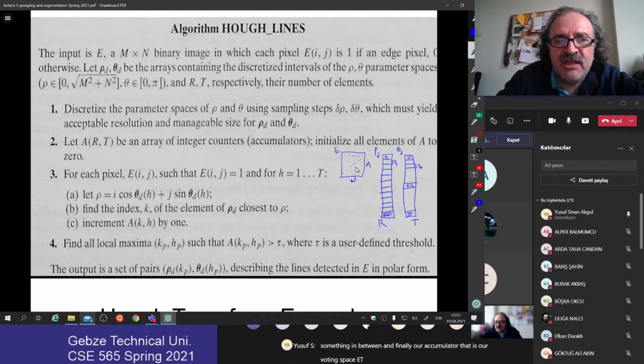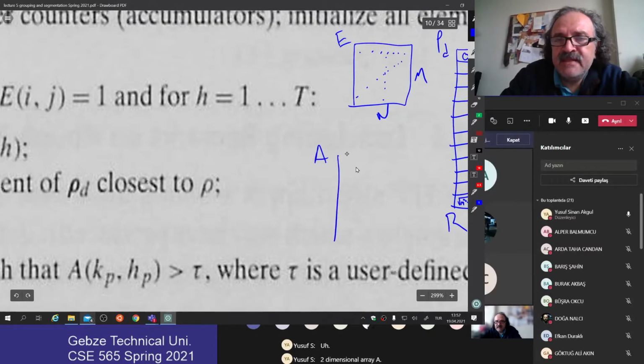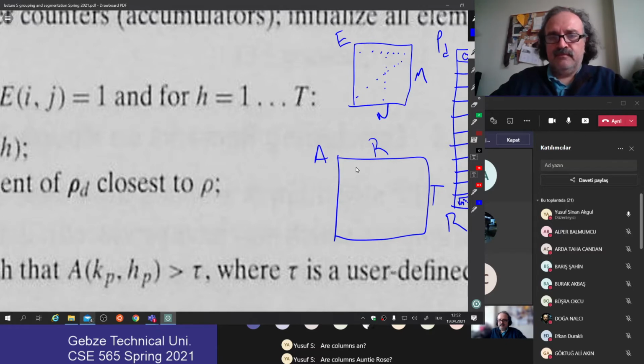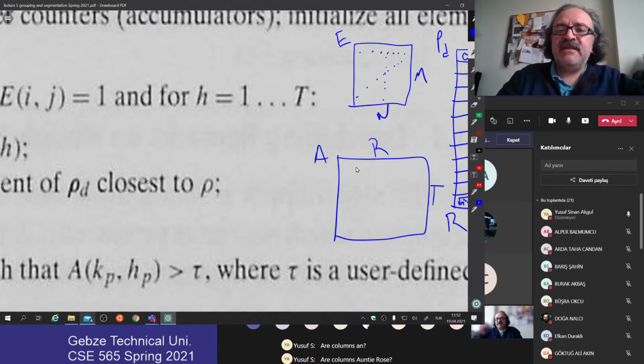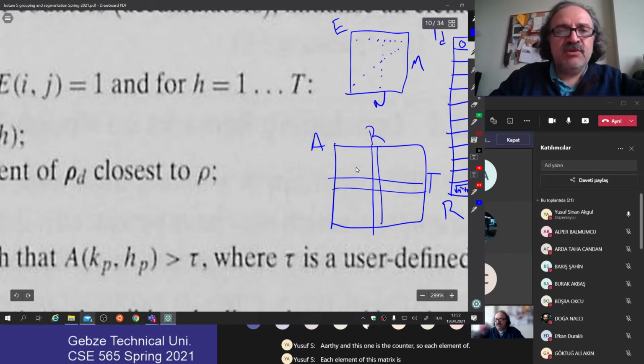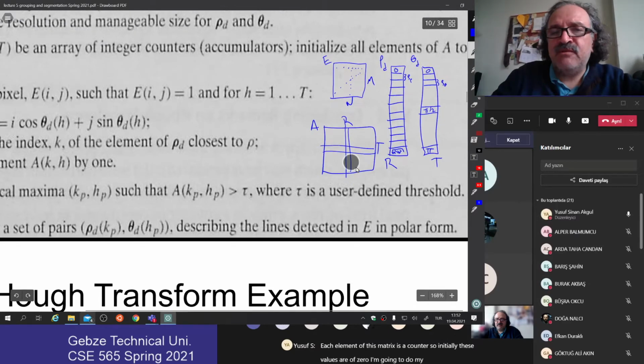It's a two-dimensional array. Its size is R columns and T rows. Each element of this matrix is a counter. Initially these values are all 0. I am going to do my voting on this matrix A.